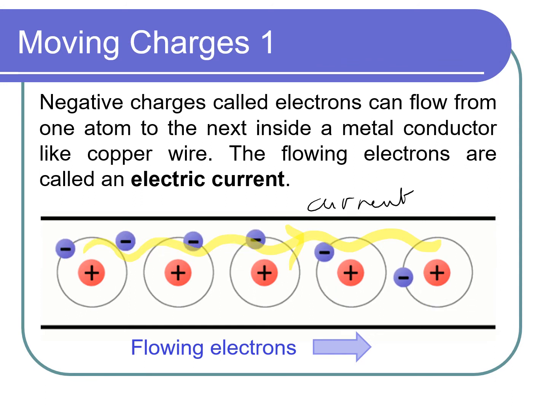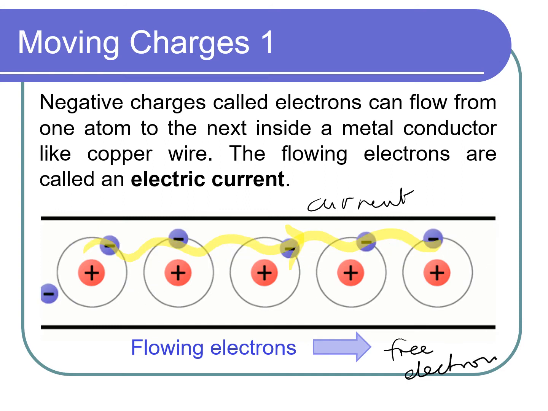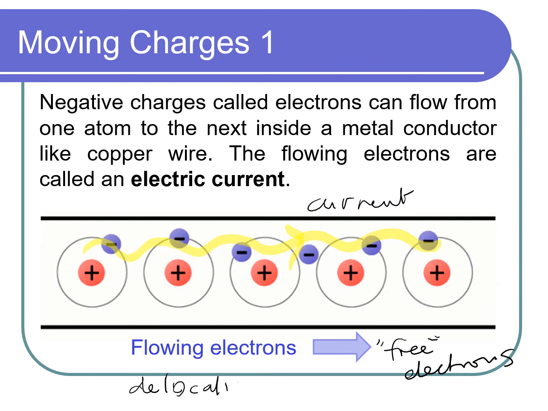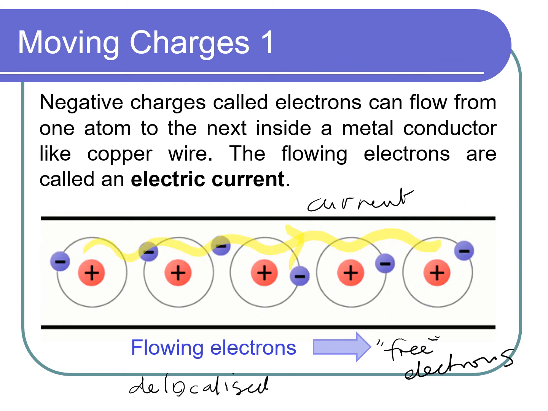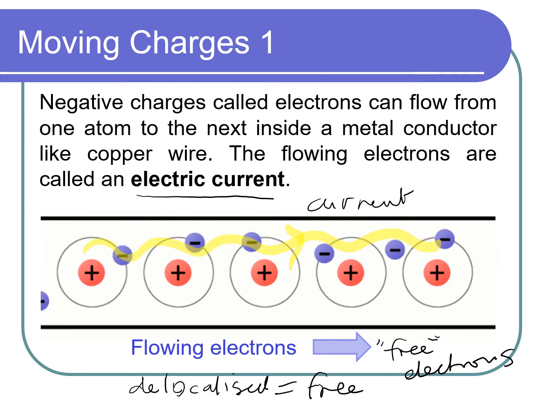The electrons can do this in metals because they are what we call free electrons. They're called free electrons because they can jump from one atom to the next. Sometimes they are called delocalized, which means the same thing. They're free to move, and this is what we call an electric current.